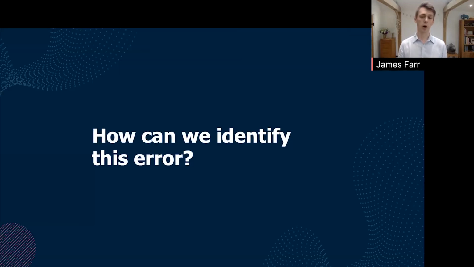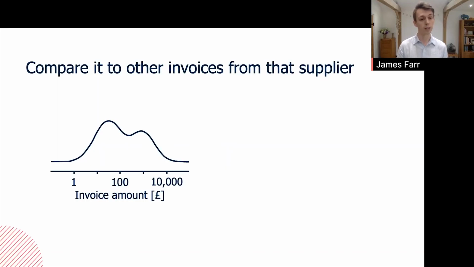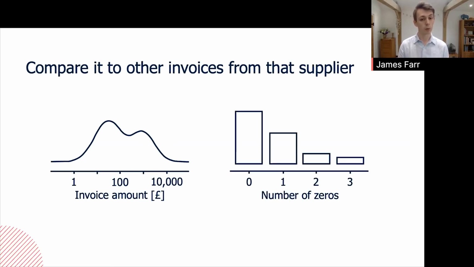How then can we try and identify this error? Well, naturally, we might want to try and compare it to the other invoices that Bob has received from the same supplier. We might look at the distribution of invoice amount that that supplier has sent, or we could look at how many zeros are normally at the end of that supplier's invoice amounts.